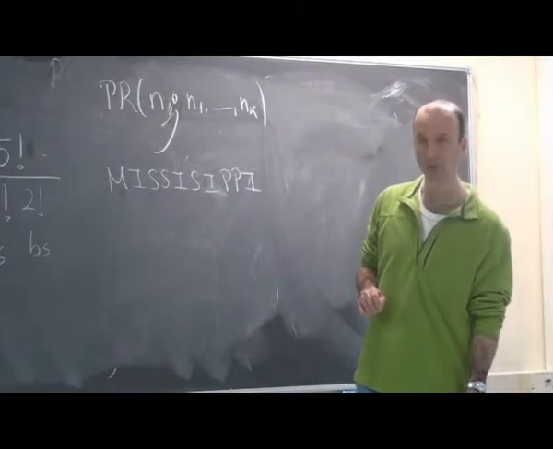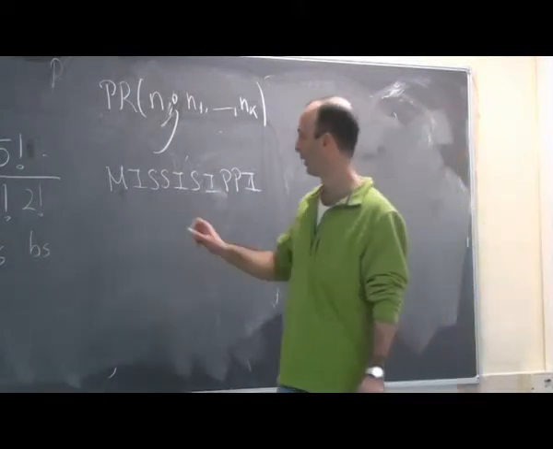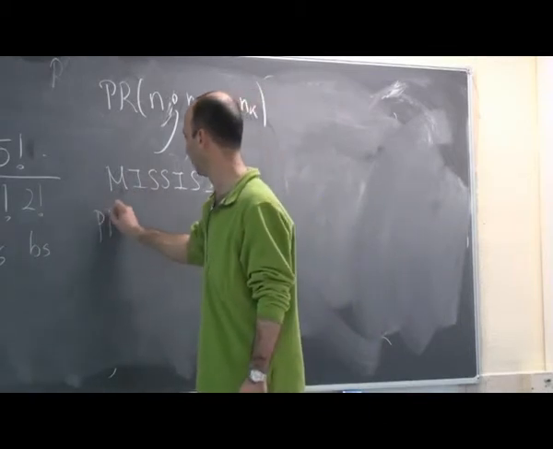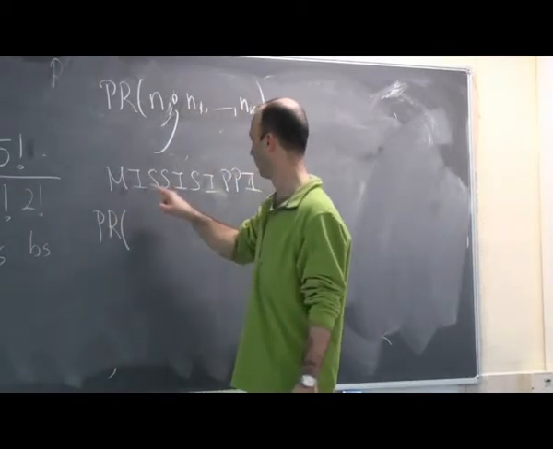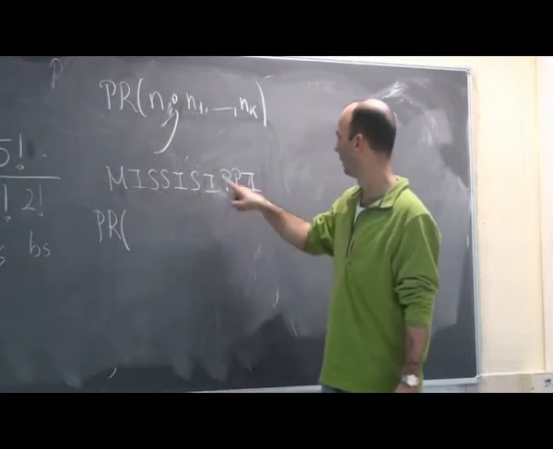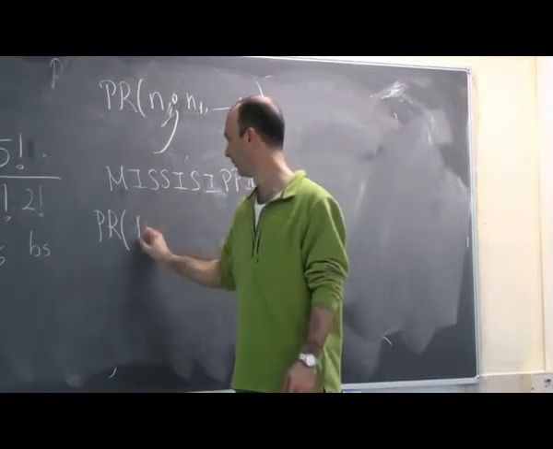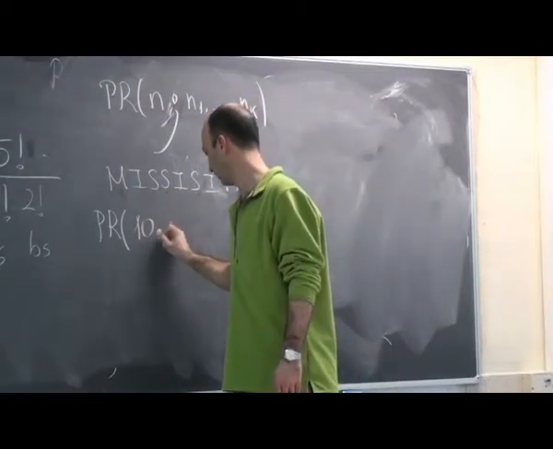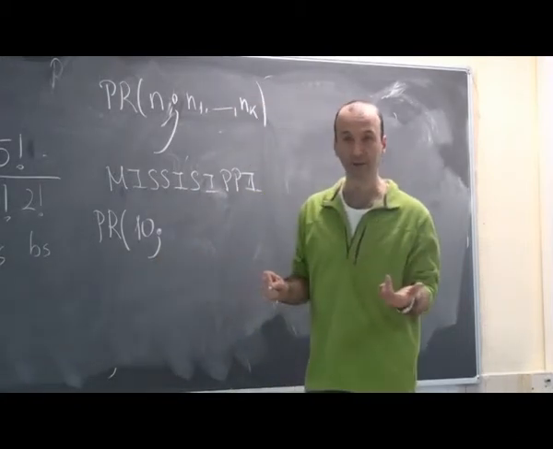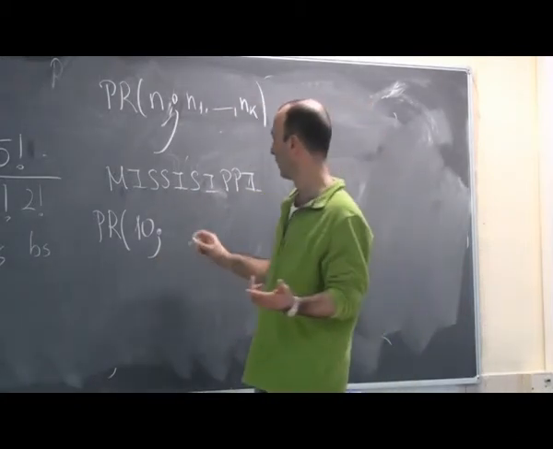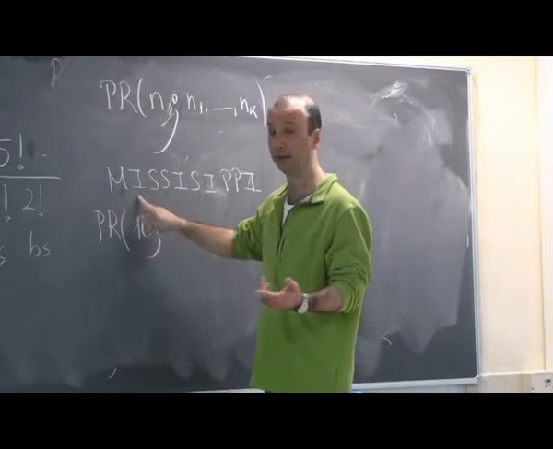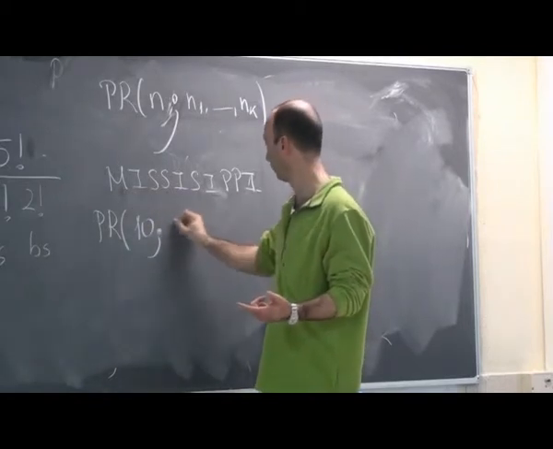Well, there are repeated elements. So I have, in general, it would be 2, 4, 6, 8, 10. I have 10 letters, and then I see several repeated elements. I have, I don't know, maybe the I. I have 1, 2, 3, 4.